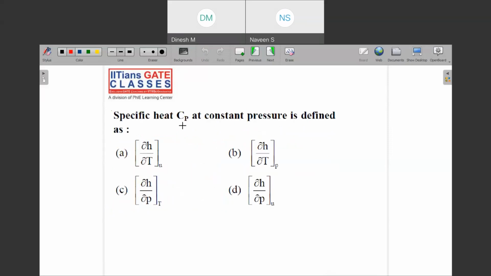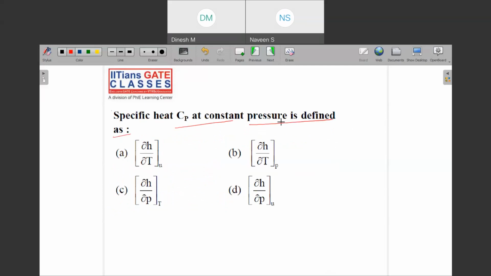The specific heat at constant pressure is defined as, you need to take the slope of what curve so that you can find out. Let me help you understand how to solve this question.